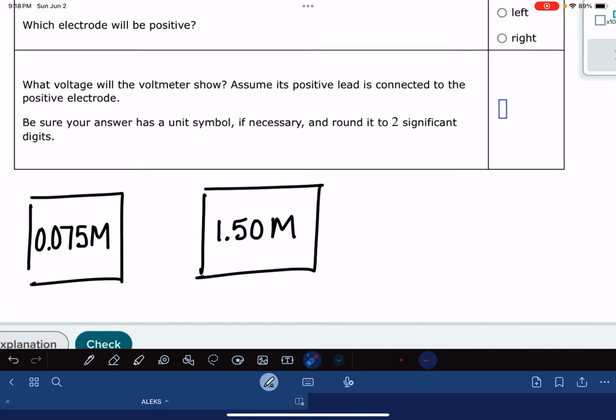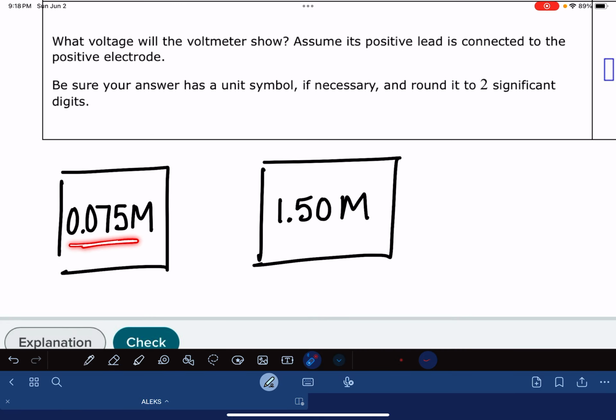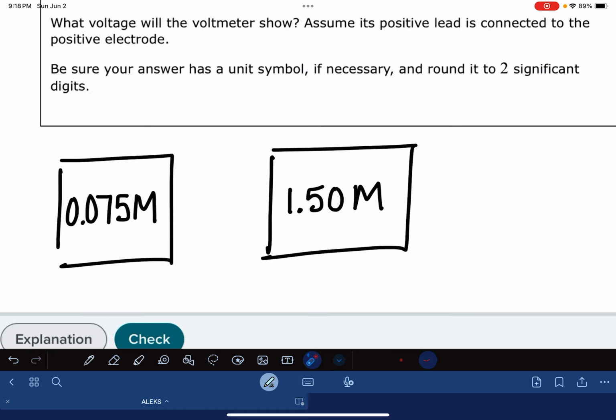Now, the only reason that electrons are moving in this cell is because the left side and the right side have different concentrations. Mother Nature does not like to have two different solutions with two different concentrations in contact with each other. So the electrons are just going to move in such a way that the concentrations of both the left side and the right side are eventually going to become equal.